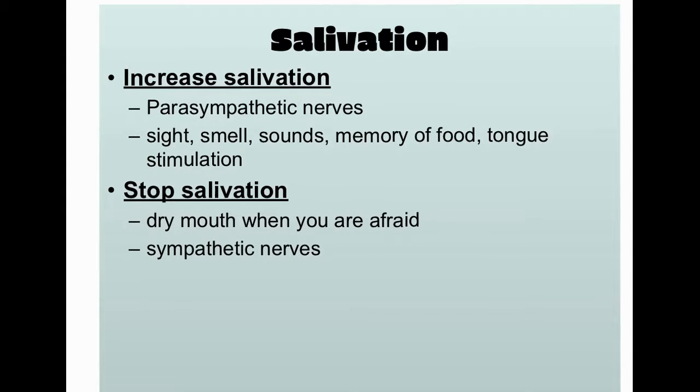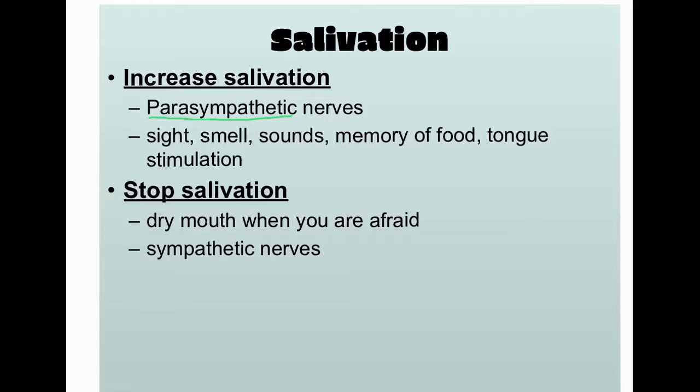And salivation, since it's autonomic, increased salivation is related to the parasympathetic branch of the autonomic nervous system. So sight, seeing food, smelling food, sounds, I guess somebody chewing on food or something, memory of food, the tongue tasting the food, all these things can increase salivation.